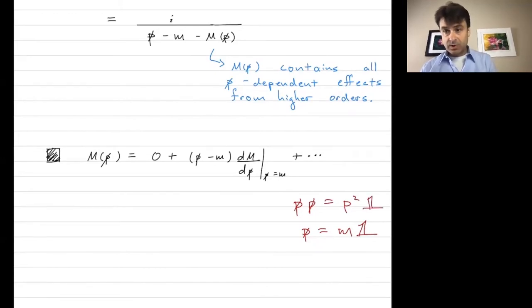If you take into account identities like this, then you should be able to convince yourself that derivatives like this can be manipulated as if it's just an ordinary derivative, even though you're differentiating with respect to something with Dirac indices. Okay, just treat the p slash like something you can differentiate in an ordinary way.